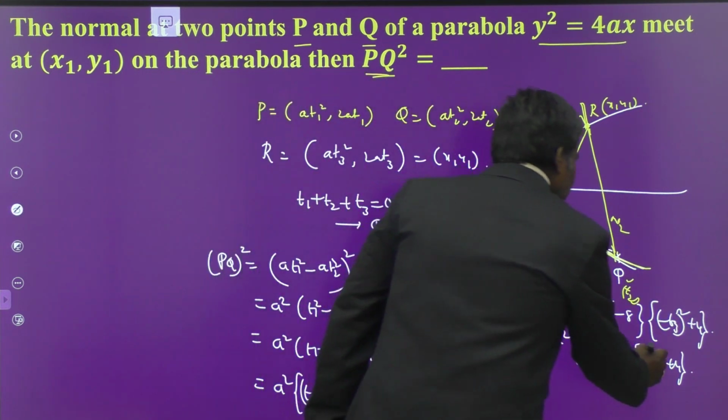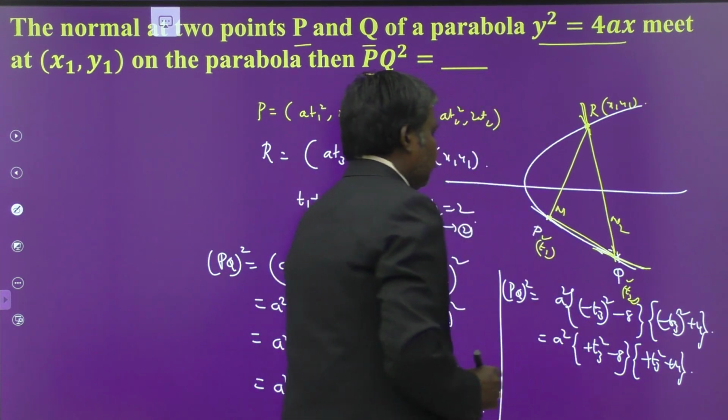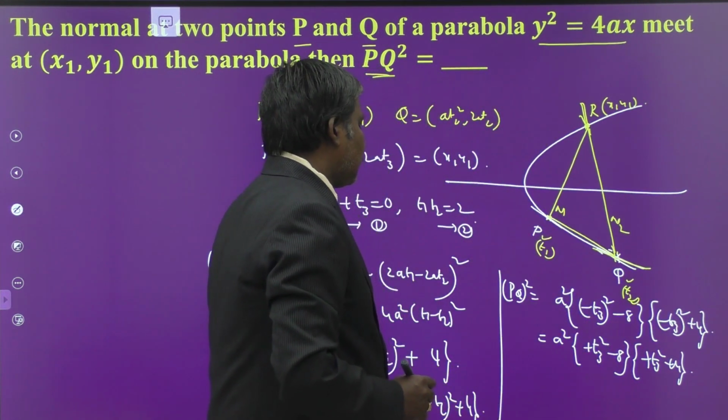Minus t3 whole square means it is plus t3 square. This is also plus. Minus 1 whole square is nothing but plus.